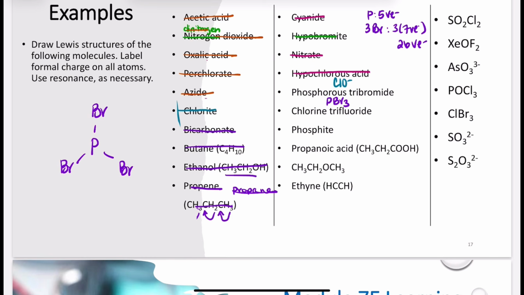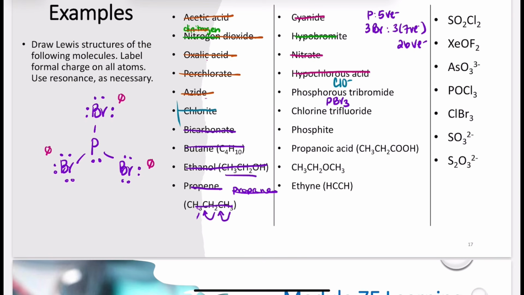Phosphorus goes to the center, it's less electronegative than bromine, plus there's only one of them, so that's kind of the other clue to it. Give your outer atoms their octet. Extra pair of electrons to the central atom, because I'd only used up 24. Now that's 26.